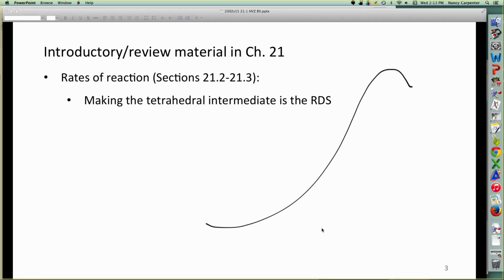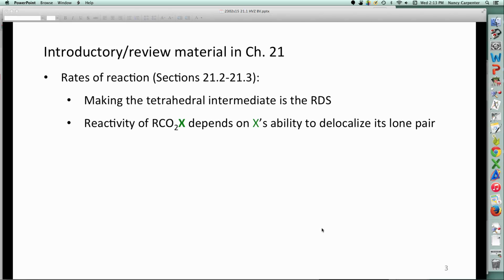So that's definitely our rate determining step. But just how high that energy hill is defines the reactivity of the carboxylic acid derivatives. So it's really all focusing on X, that leaving group, and how it impacts the electrophilicity of the carboxyl carbon.